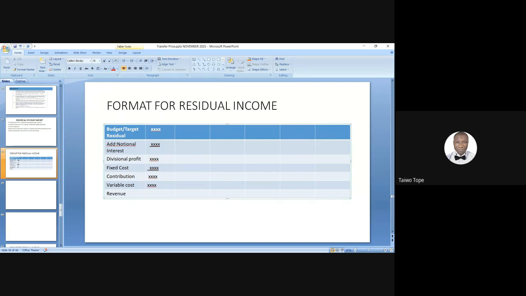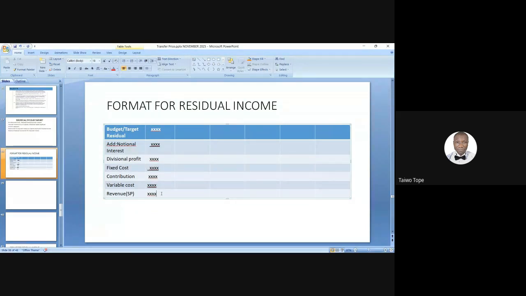When it is in units, it will be selling price. Then this is the overall revenue of a division.